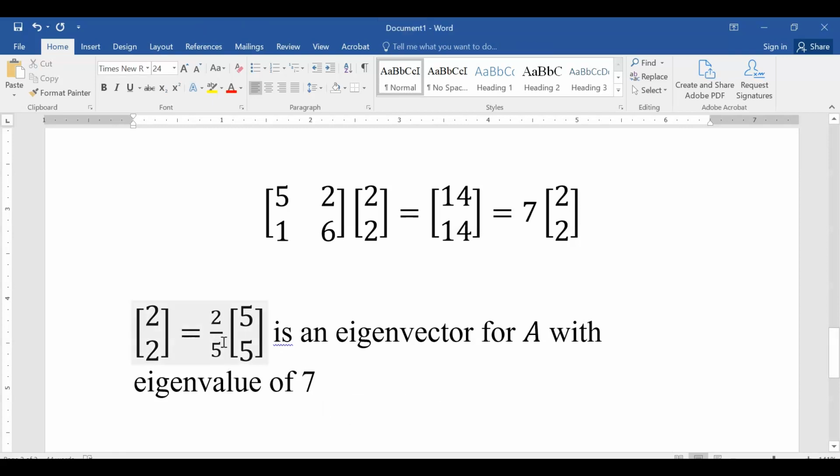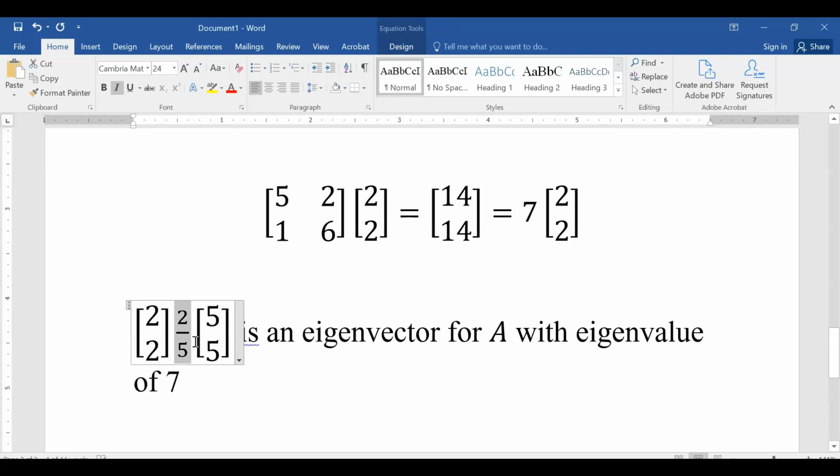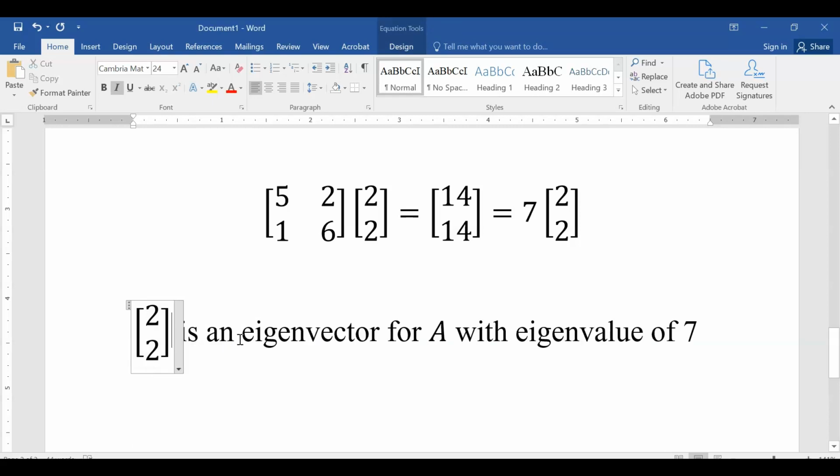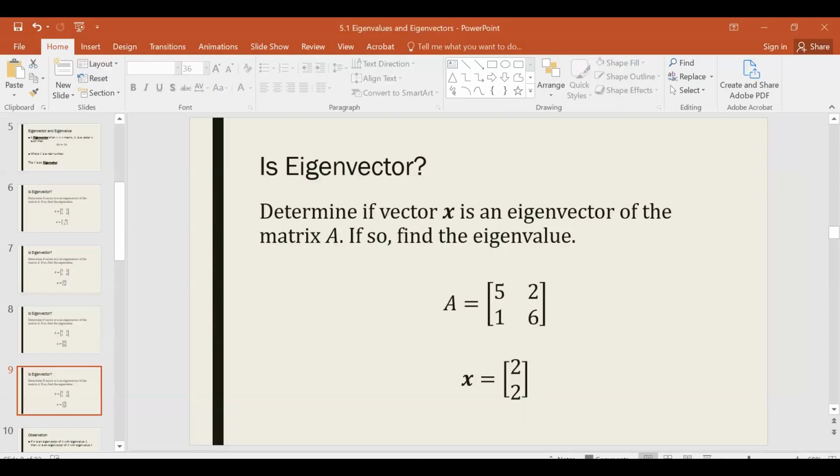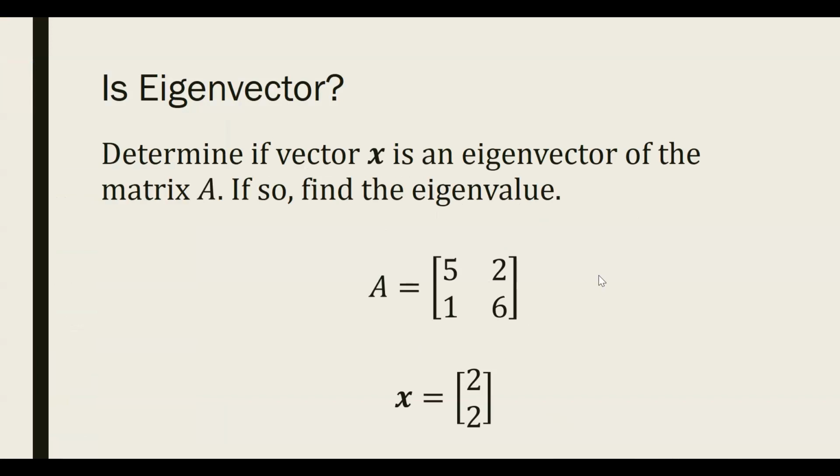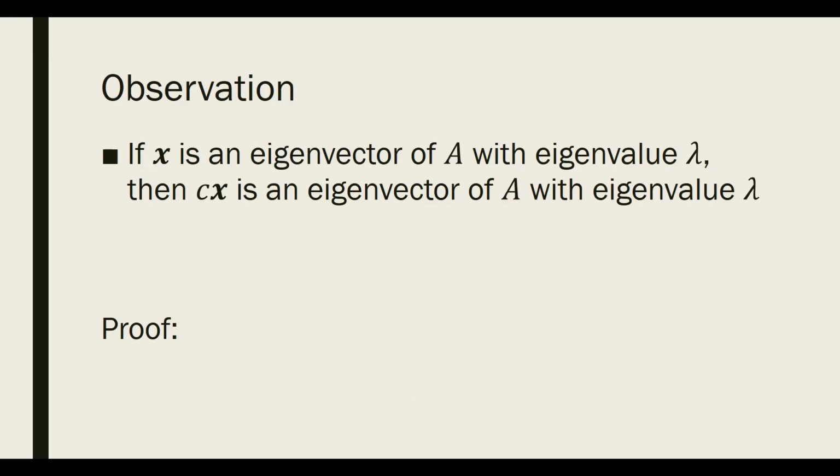So if you take 2/5, multiply it times 5, 5, you get out the vector 2, 2. So when we have scalar multiples of eigenvectors, the scalar multiple is also going to be an eigenvector with the same eigenvalue. All right? So that should be our observation here.